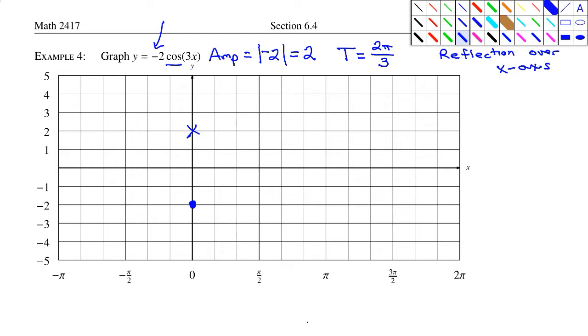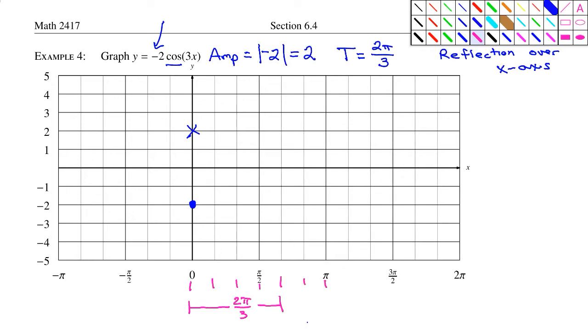place. Let's consider now the period. The period is 2 pi over 3, which is this number here. And to see that, count off by pi over 6's. 0, 1 pi over 6, 2 pi over 6, 3 pi over 6, 4 pi over 6, 5 pi over 6, and 6 pi over 6.